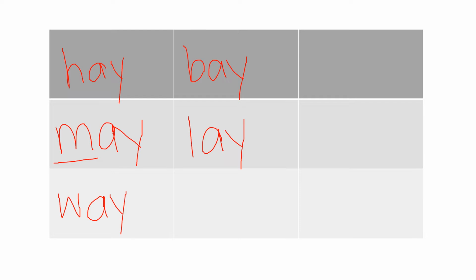Now this time you've got your blend. Change clay to slay. Slay. Now there's different ways to write the word slay, but we're going to keep this A ending with AY. Slay.